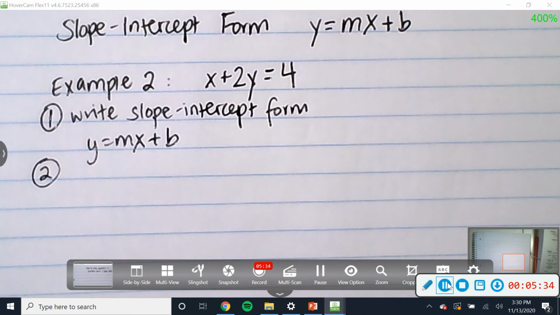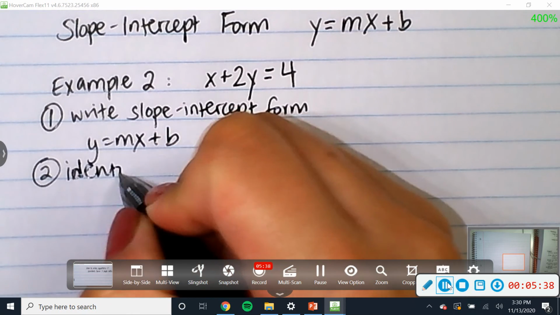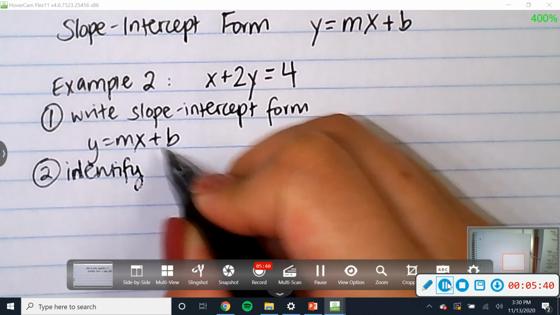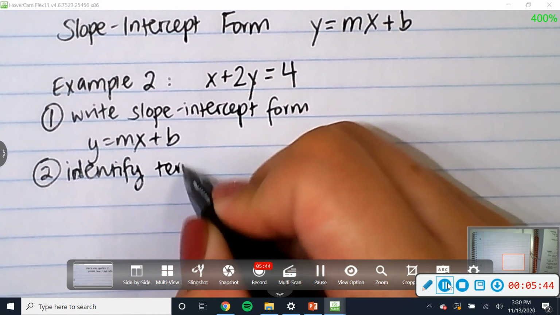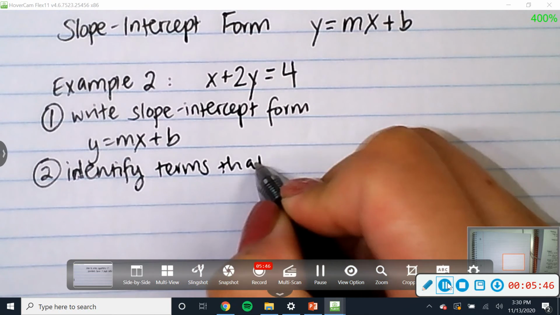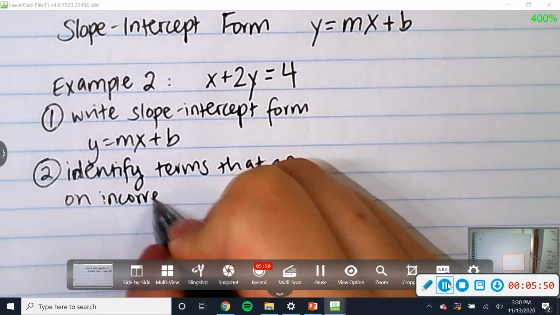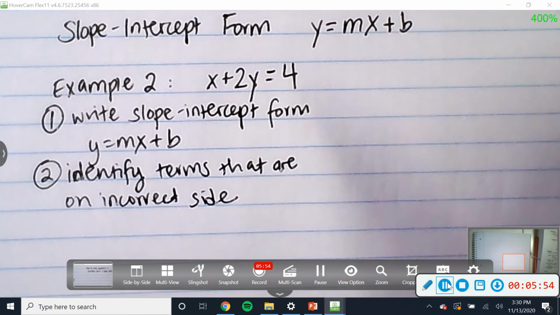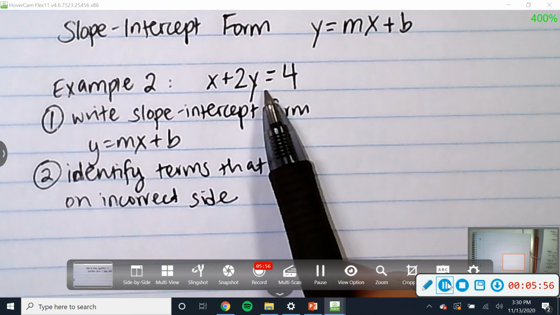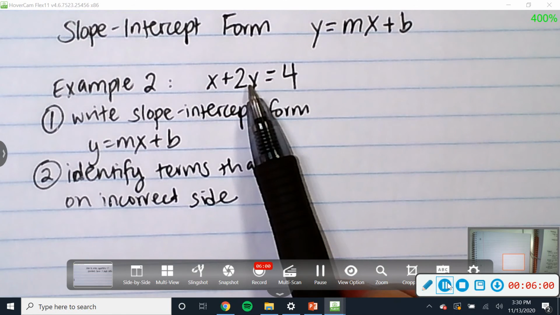Number 2 is identify which terms are on the wrong side. So identify the terms that are on the incorrect side, just like with the other problem. So when I'm looking here at x plus 2y equals 4, I can see that y is on the correct side.